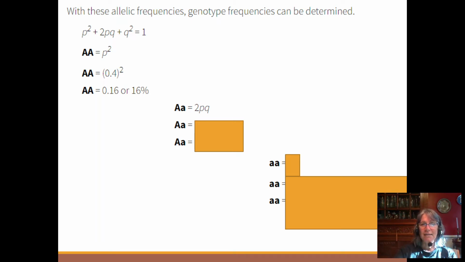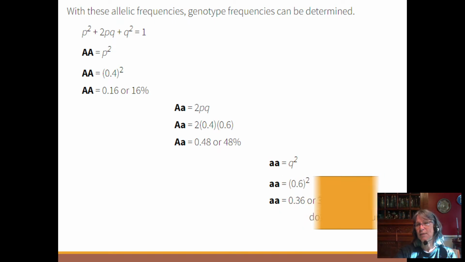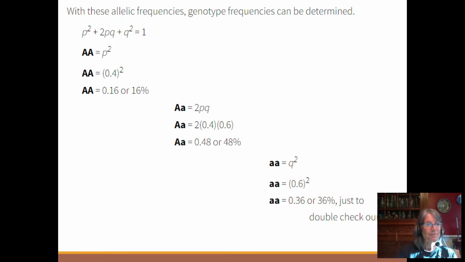Heterozygote, capital A, lowercase a, is represented by 2PQ, and I have my P and my Q, so I can plug those in, and I see 0.48 or 48% of my population is heterozygote. And Q squared, I know Q was 0.6, so 0.36. Double check, yep, that works, which is what we started out with. I add those up, and 0.36 plus 0.48 plus 0.16 gives me 100% of my population.